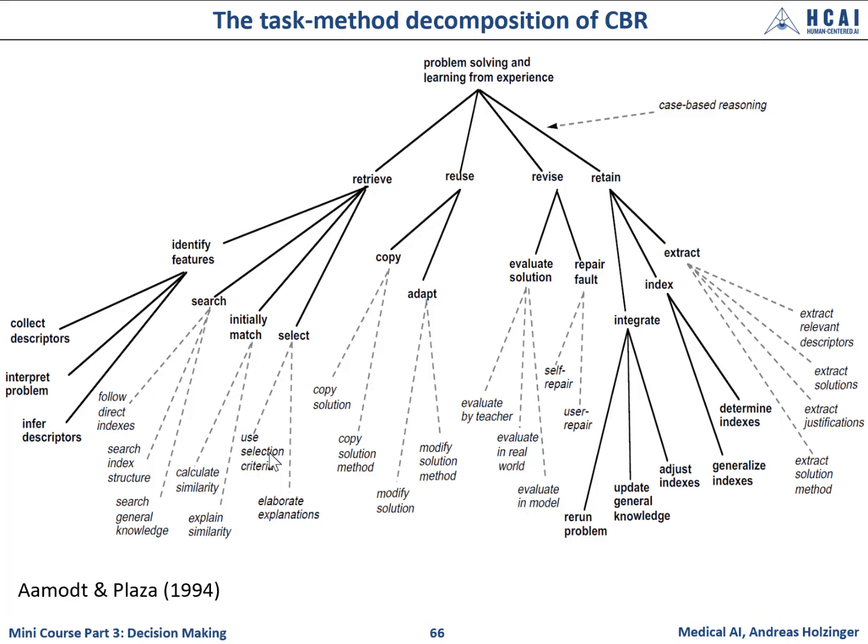Tasks have node names in bold letters, which, for example, are the case tasks, and the methods therefore are written in italics. And the links between the task nodes, these are the plain lines, are task decompositions, for example, part-of relations, where the direction of the relationship is downwards, as we can see. So the top-level task is problem-solving and learning from experience, and the method to accomplish the task is case-based reasoning.